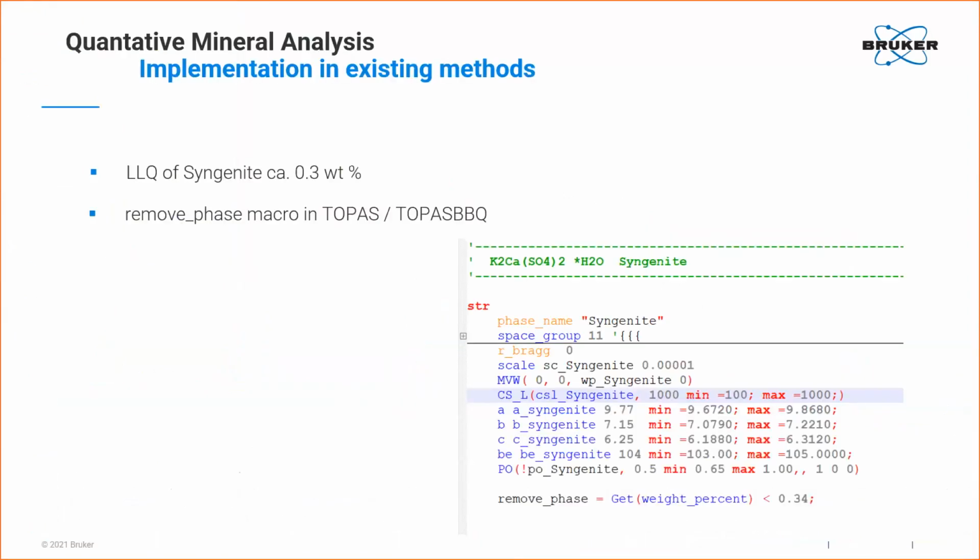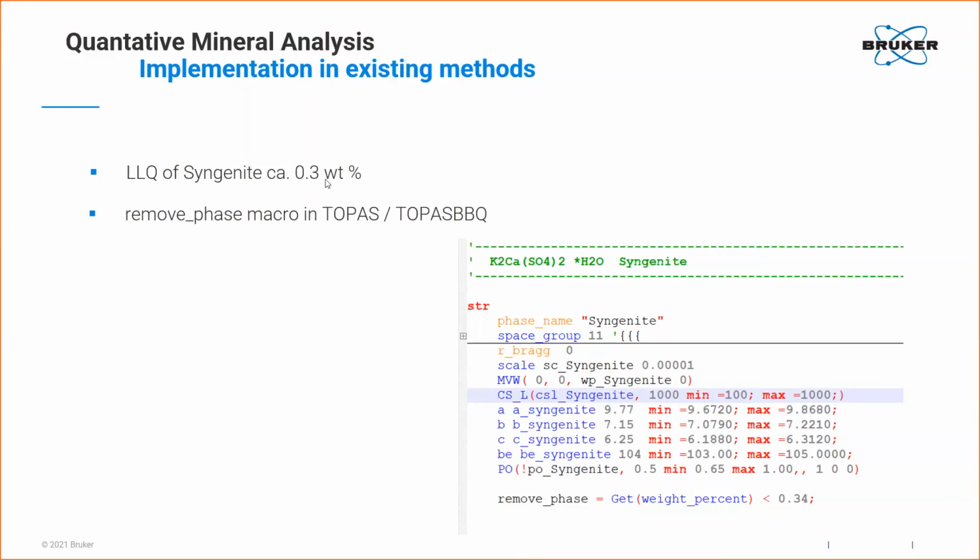How to implement this in our methods? Due to the data quality we have, the low and the flat background, it is possible to quantify even low concentrations of syngenite.